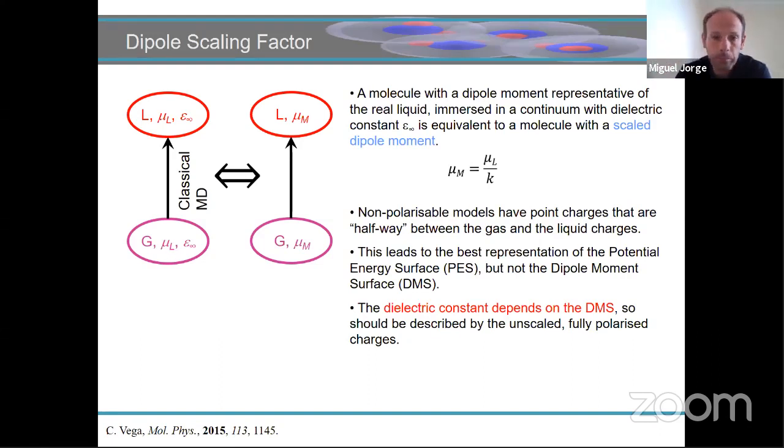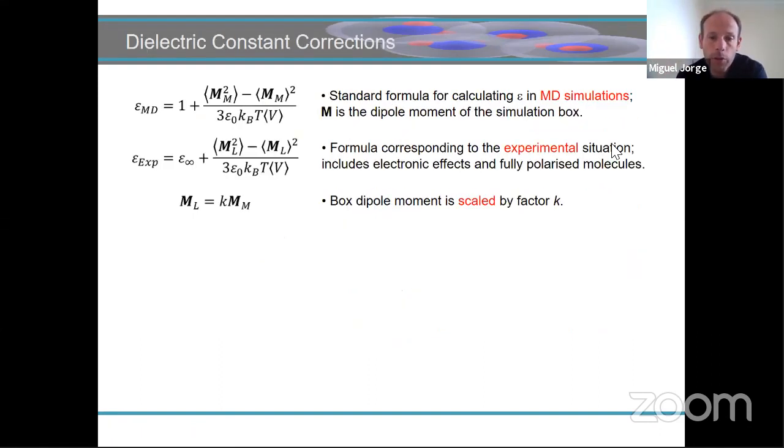So let me show you in a nutshell how this works for the dielectric constant. The top one is the expression that you normally use to calculate the dielectric constant in classical simulations. It comes from the fluctuations of the instantaneous dipole of the simulation box. The second expression is what you would theoretically use to get the real experimental dielectric constant.